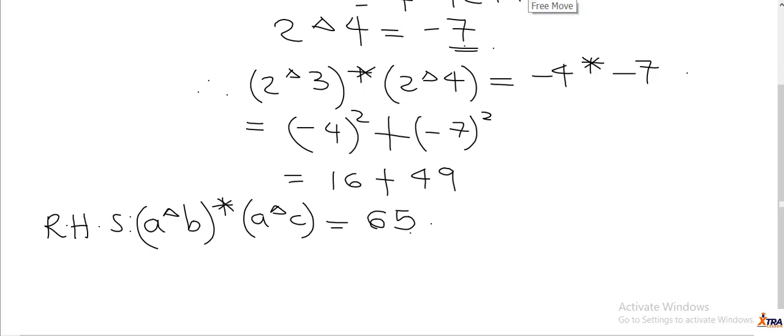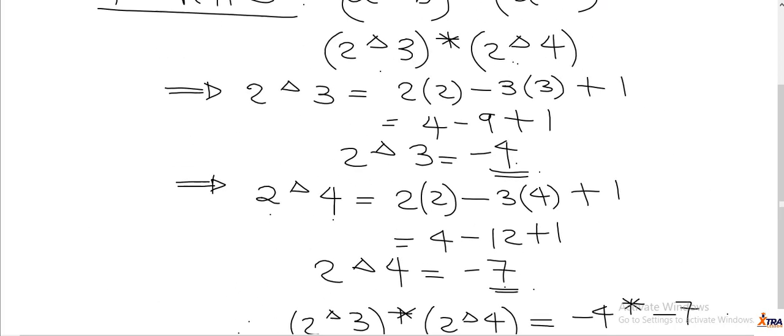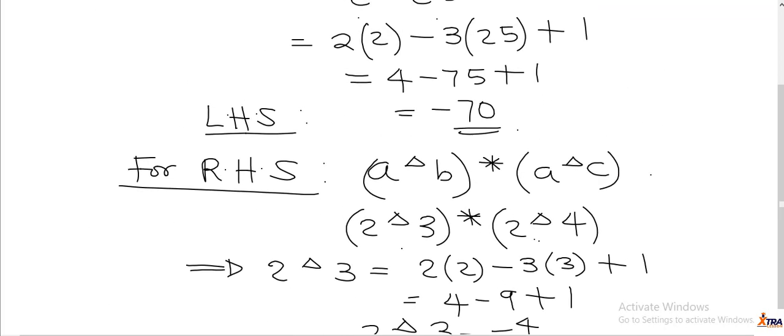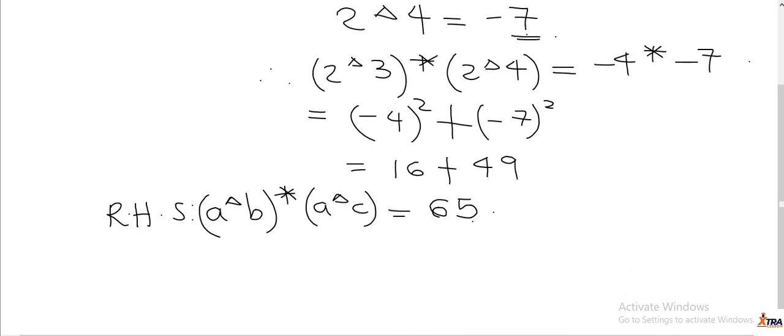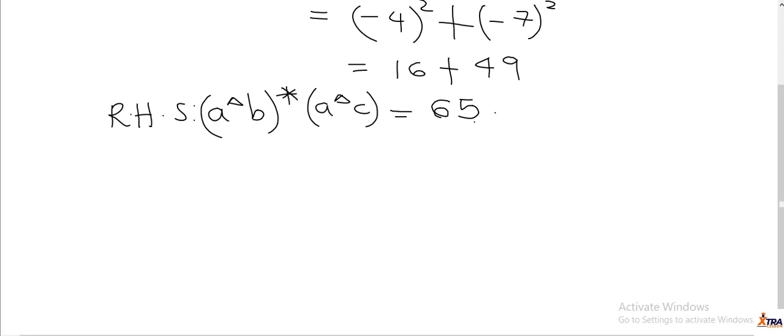So now we can compare our left hand side and our right hand side values. For the left hand side, we got our value to be minus 70, and then for the right hand side, we got our value to be 65.